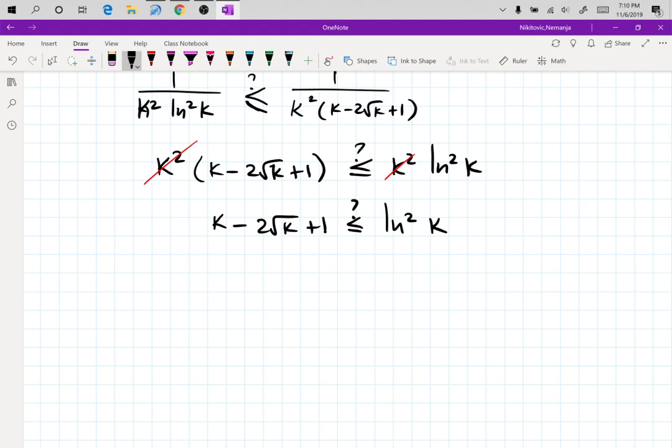Yeah, the graphing is the fastest way to do this. So what do I have? I have x minus 2 square root of x plus 1. So the top function is the blue, the green one.